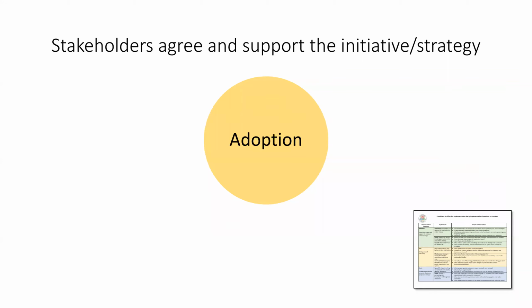There are several elements to each condition. After we talk about each condition, you may want to pause the recording and look at the conditions for effective implementation handout that you see there, and a picture of it in the lower right-hand corner of the screen. This handout includes descriptions of each condition, the elements that we're going to talk about now, and provides sample implementation questions, kind of like the ones that I was just sharing, that you can consider as you're in your implementation process.